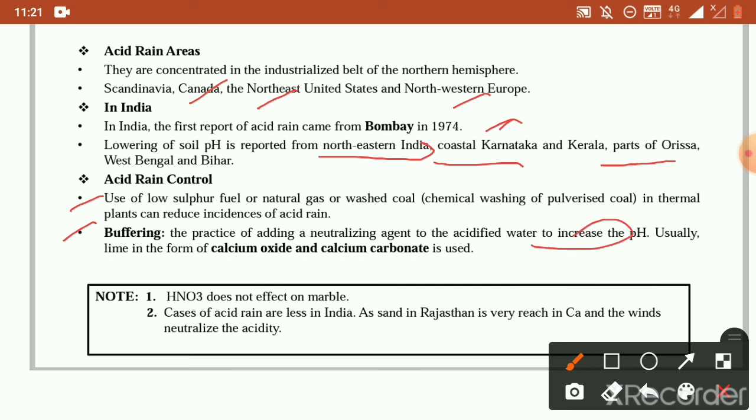This would usually be in the form of calcium oxide and calcium carbonate, that is lime. Here we can note that the nitric acid, that is HNO3, does not affect marble, and cases of acid rain are less in India as sand in Rajasthan is very rich in calcium and the wind neutralizes the acidity.